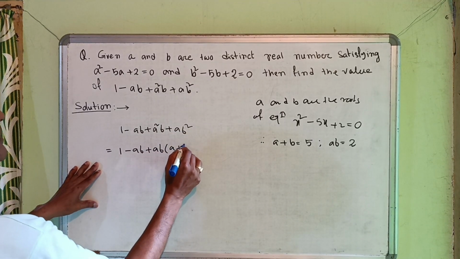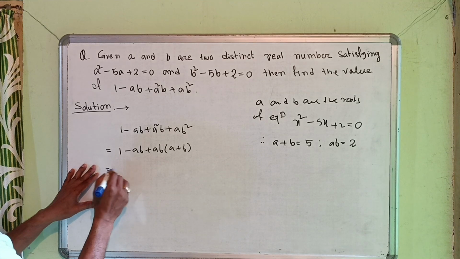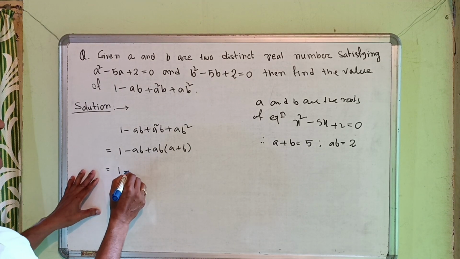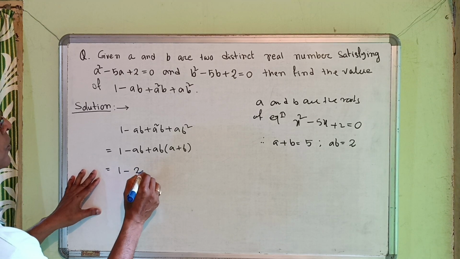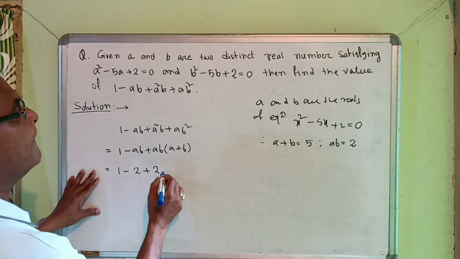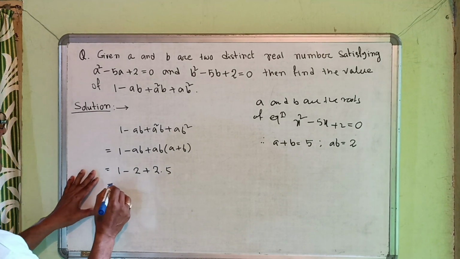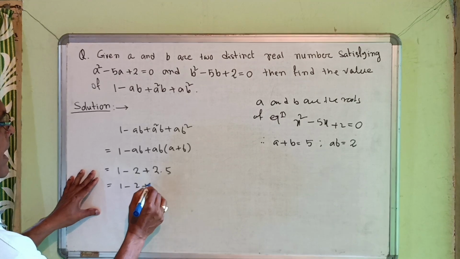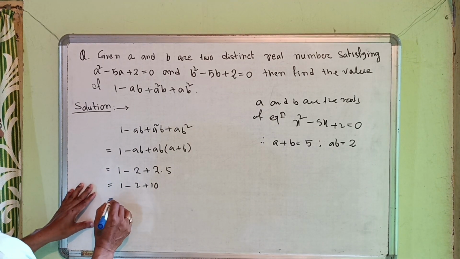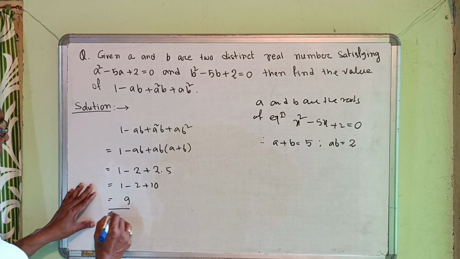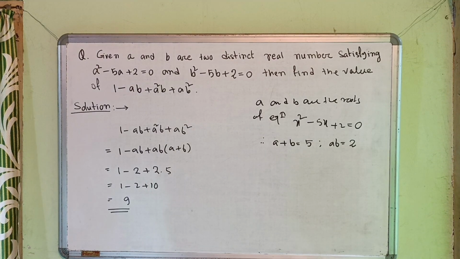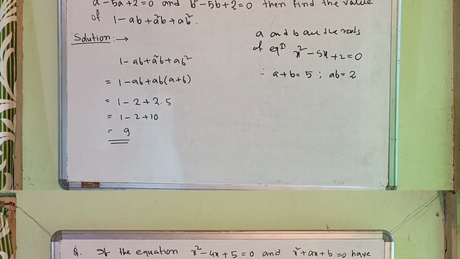Now putting the values, ab equal to 2 and a plus b equal to 5, we get 1 minus 2 plus 10, which is equal to 9. That is the value of the expression.